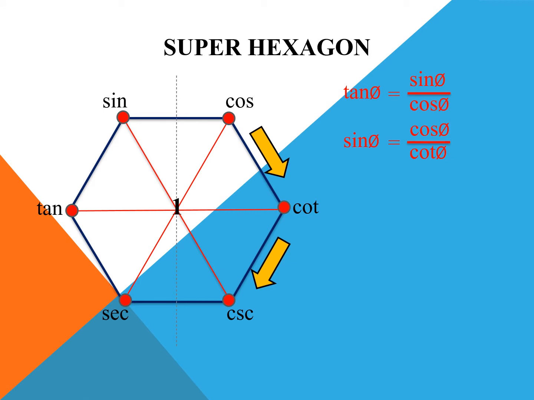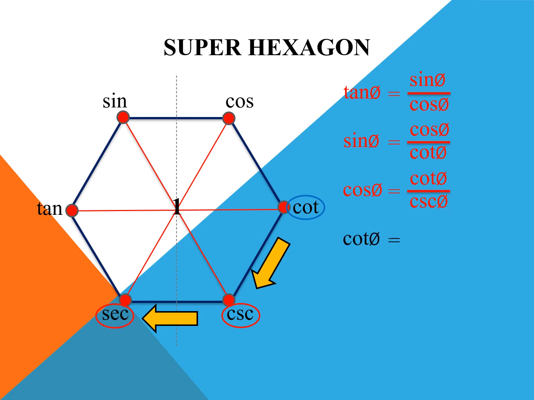Cosine theta is equal to cotangent theta over cosecant theta. Cotangent theta is equal to cosecant theta over secant theta.